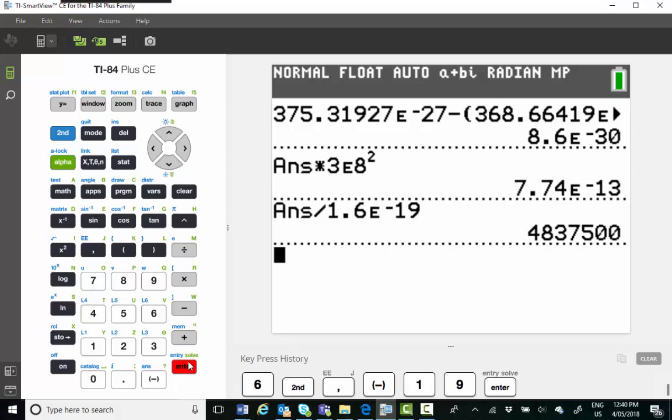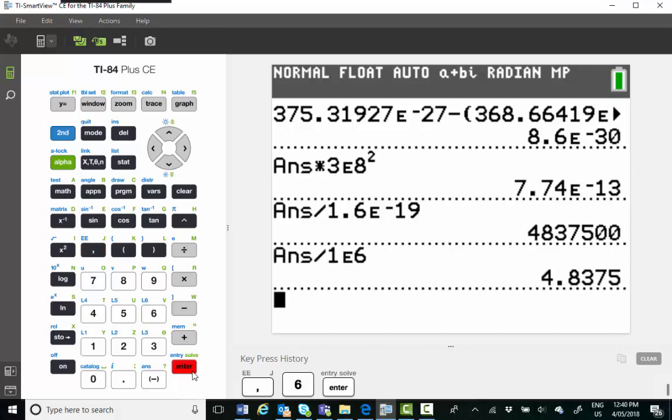And then to convert that to mega electron volts, I need to divide that by a million. So divide that by 1 and then to the power 6. That's going to give me 4.84, rounded off to 2 decimal places, 4.84 mega electron volts.